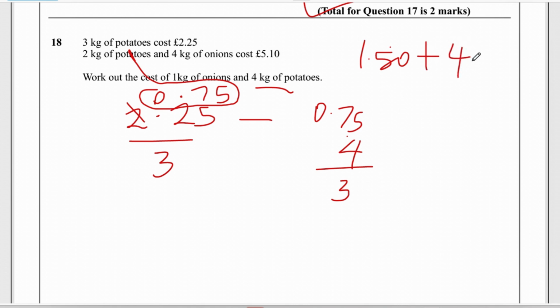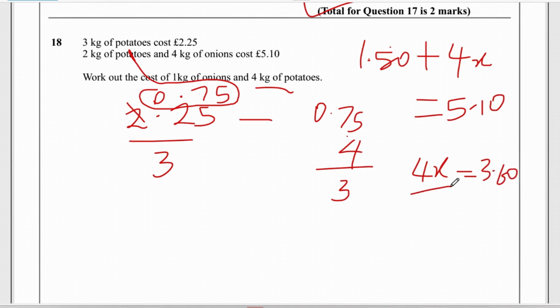Let's say 4x, and that will give us 5.10. So how do you get 4x? 5.10 subtract 1.50. When you do that, that will give you 3.60. So 4 kilograms of onions will be 3.60.